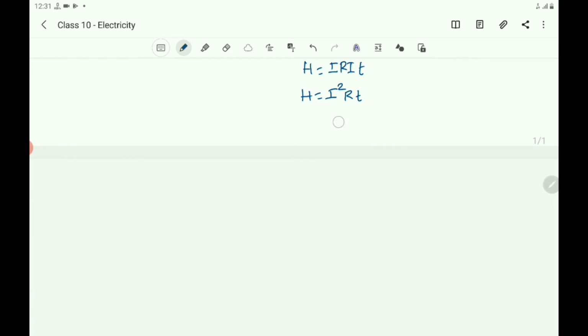H equals I square RT is called Joule's law of heating.